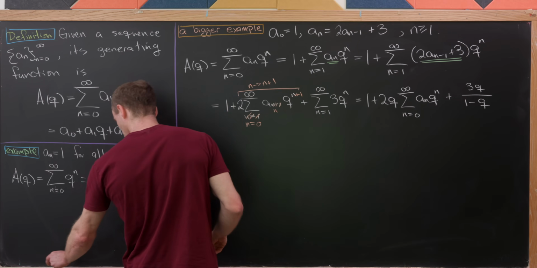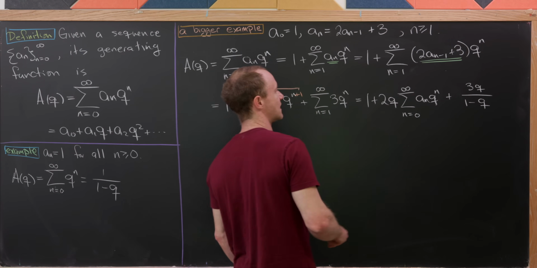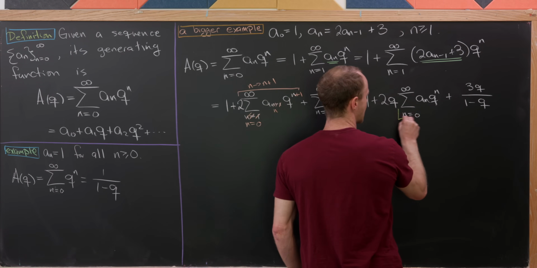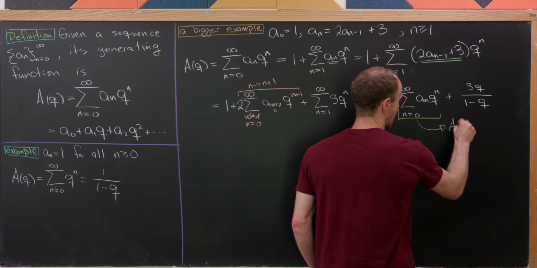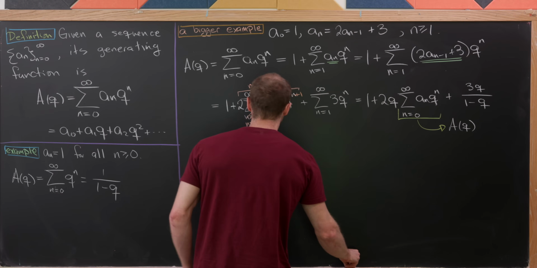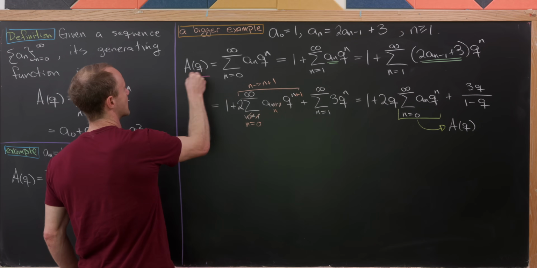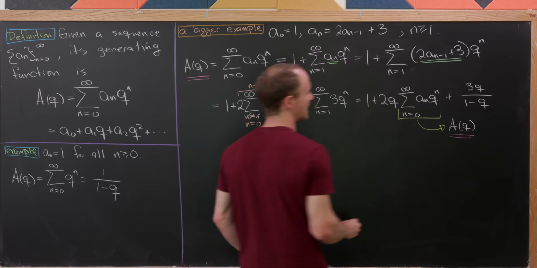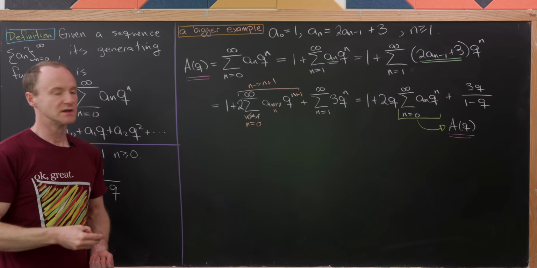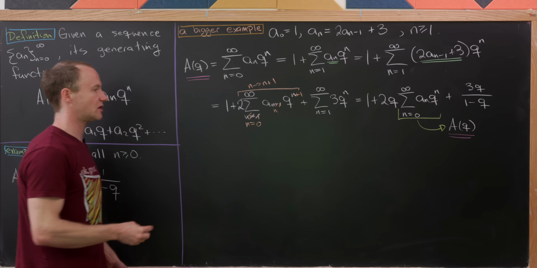And then also, let's look closely at this sum that's left over and observe that that is our original generating function, a of q. So look, we started over here at a of q, and we ended up with an expression over here that involved a of q. So that gives us some motivation to solve for a of q.